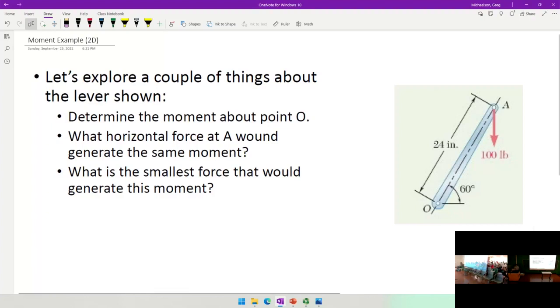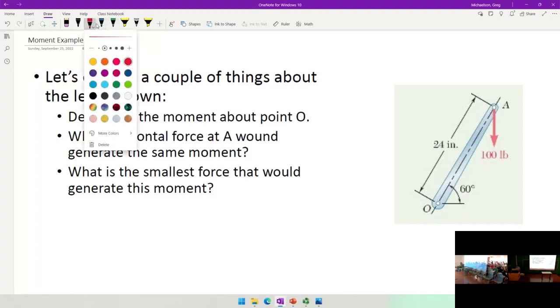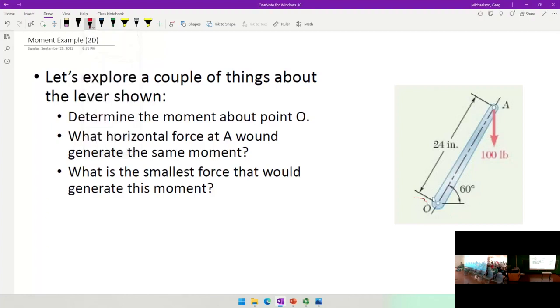Okay, so ultimately what we're going to do is find the moment about point 0, point naught. If you ever hear me use the term point naught, that's just point 0. So this is our point in question. So we'll say moments taken about point 0. The other thing that I want to go ahead and illustrate right now is this line right here.